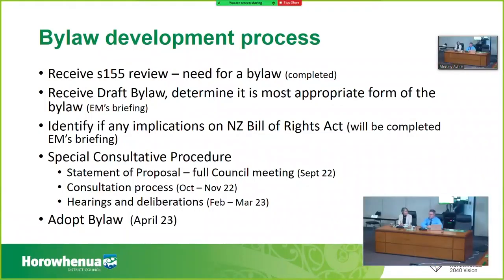I suppose just reiterating the need to focus on what's coming into the network, and part of those consents for Lake Horowhenua will have stringent requirements around water quality. Some of that early data that we're picking up is that there's a need to focus on where those contaminants are coming from, which the education and the enforcement around that, if necessary, would be managed through the bylaw process.